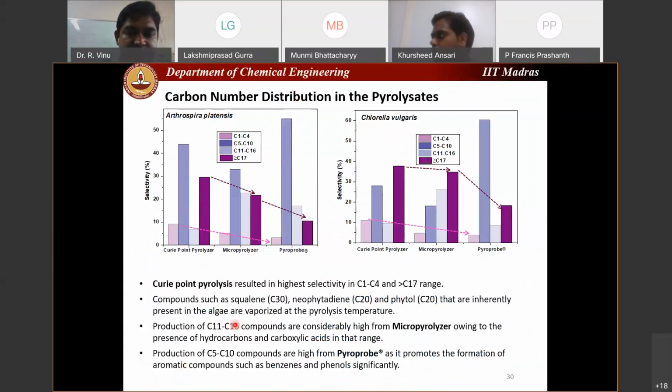You can see that squalene, neophytadiene, phytol, these are long chain hydrocarbons present in the lipid fraction of the algae, and these are very much retained in a Curie point as well as the Frontier micropyrolyzer. These are essentially greater than C17 products. Whereas in the pyro probe, due to the secondary reactions, you get a lot of these aromatic hydrocarbons.